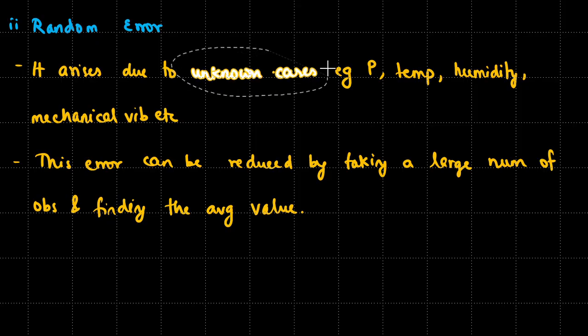These are caused by unknown causes, which is why this error can be reduced by taking a large number of observations. You might think, why a large number of observations? Let's think about an experiment on sound.